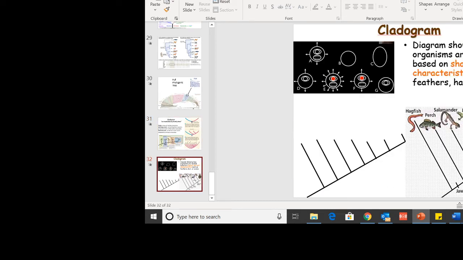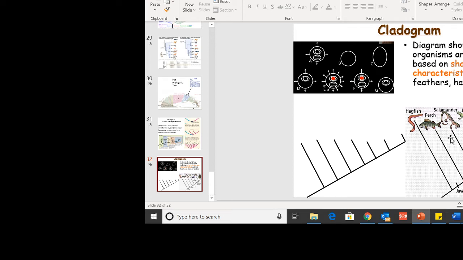Here's the same cladogram here, and so as you look at this, what separates hagfish from perch? Well, it's the evolution of the jaw, right? Anything before this does not have this characteristic. So as you look at claws or nails, anything before this event, this derived characteristic, is not going to have it.